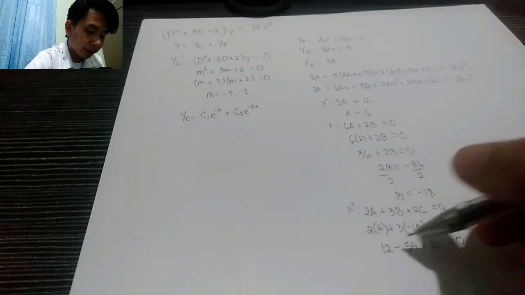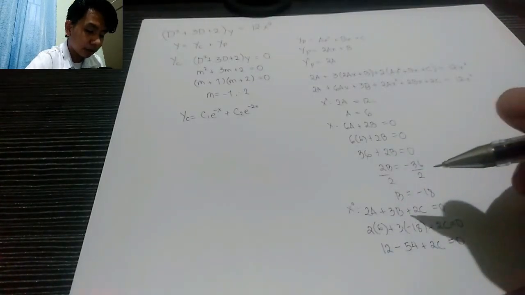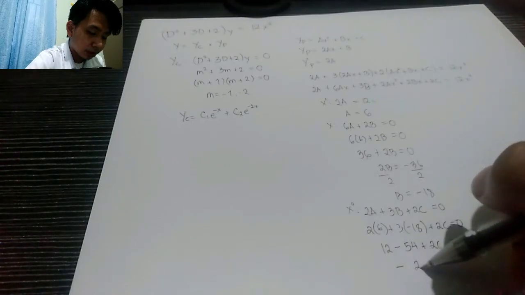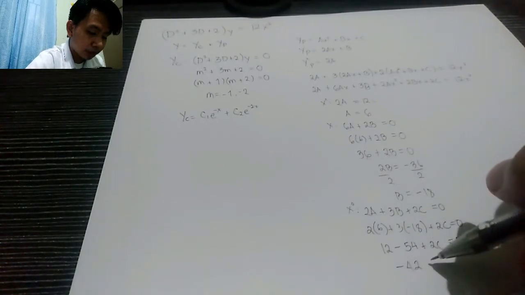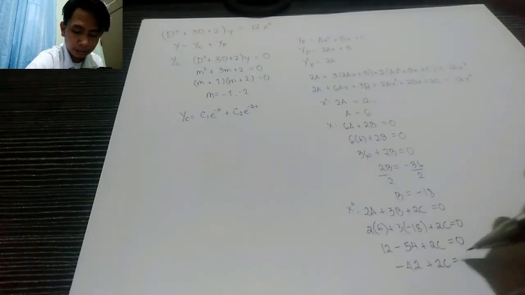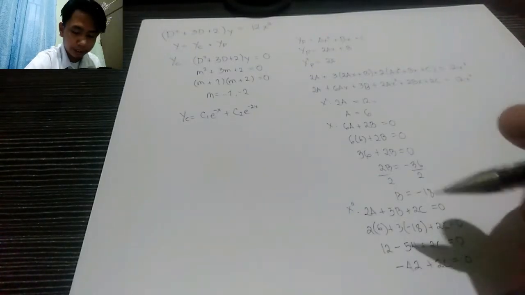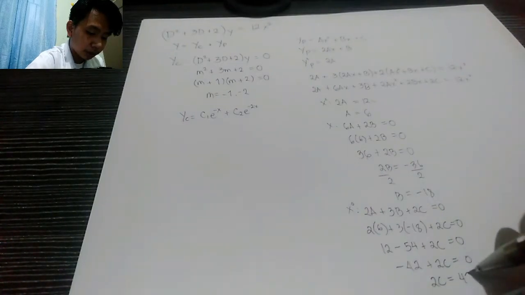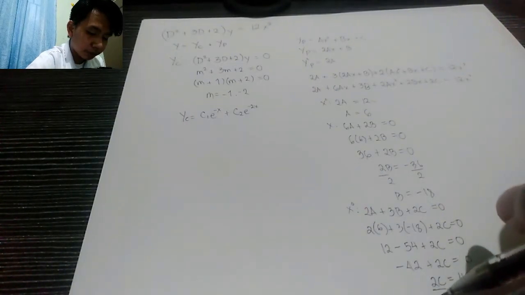Then, 12 minus 54 is negative 42 plus 2c equals to 0. Ilipat natin yung negative 42. 2c is equals to 42. Divide both sides by 2.